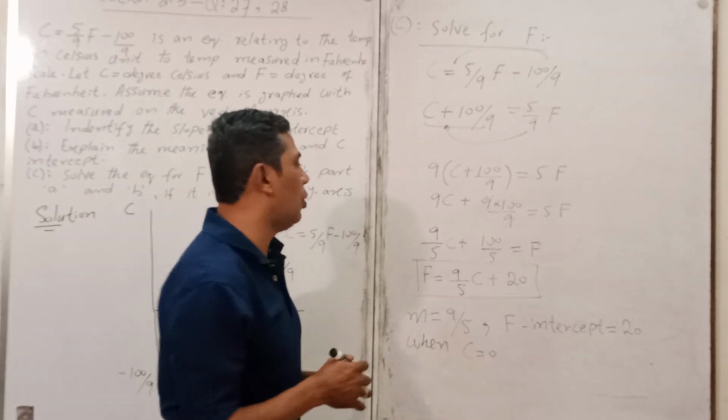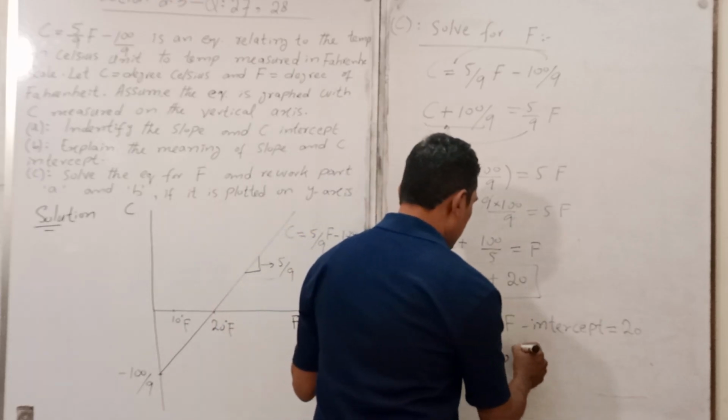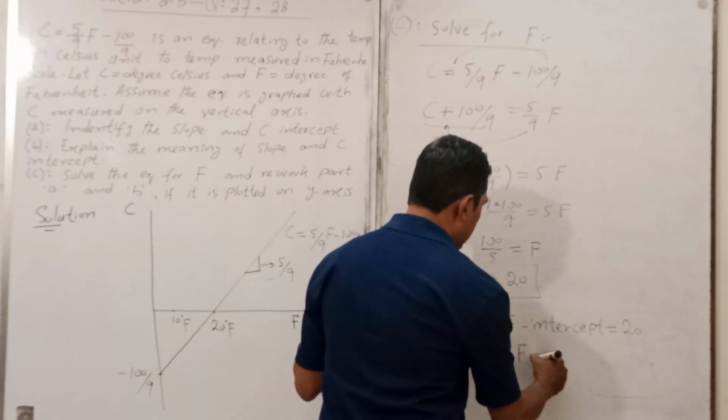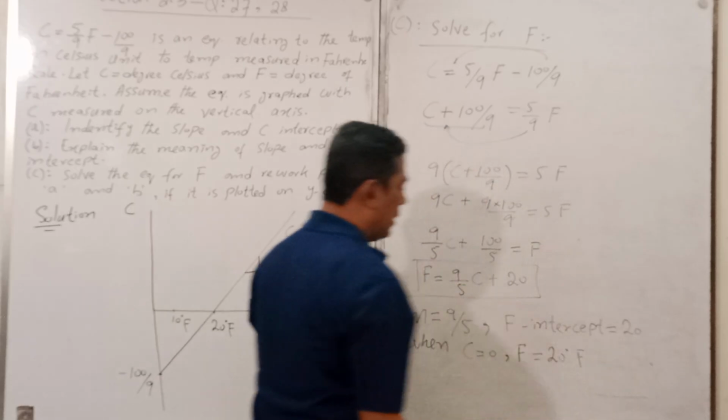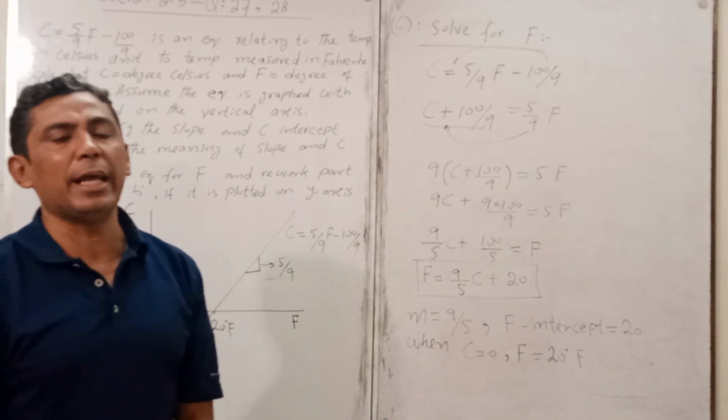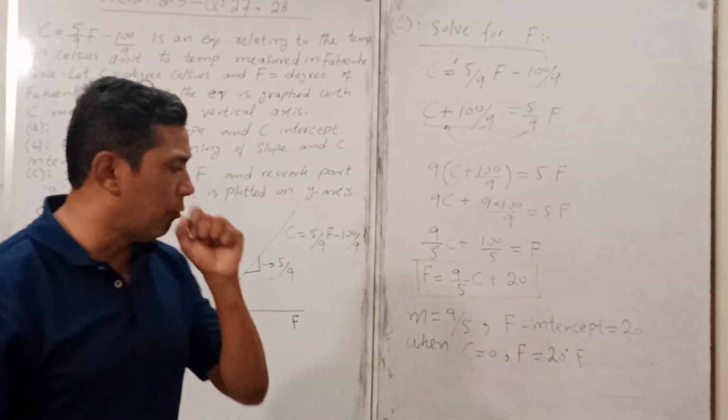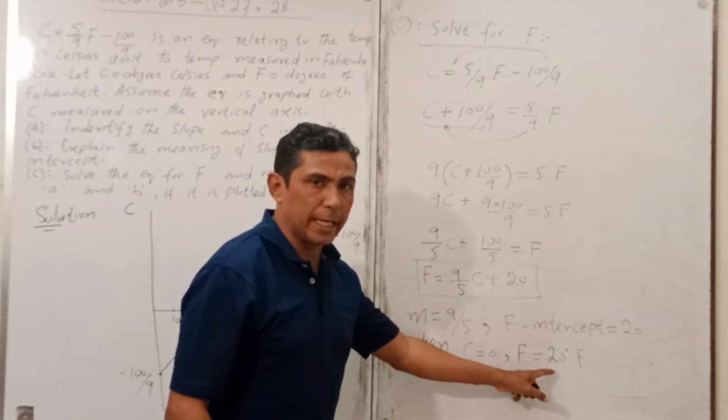What will be the value of F? F is 20 degrees Fahrenheit. So the temperature in Fahrenheit will be 20 degrees.